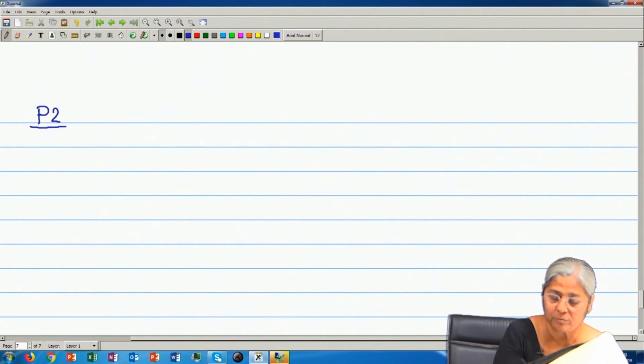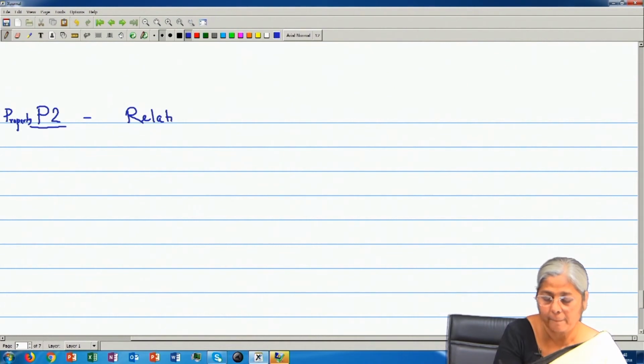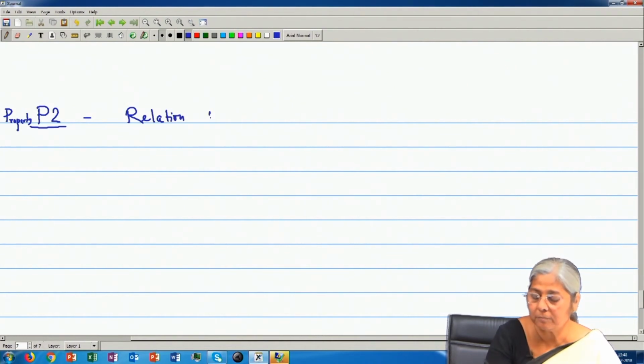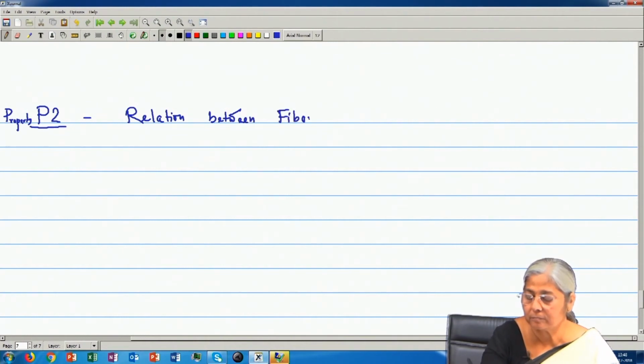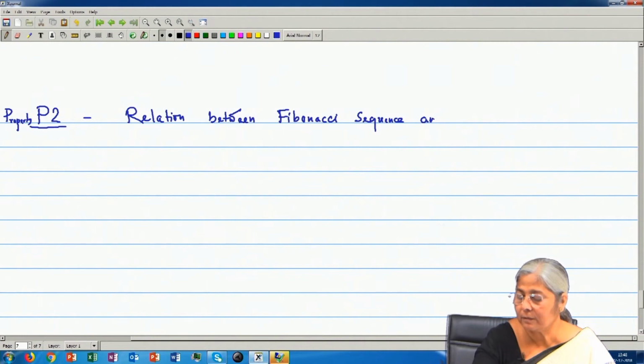One property we have seen gives some relation between the Fibonacci sequence and the Lucas sequence.